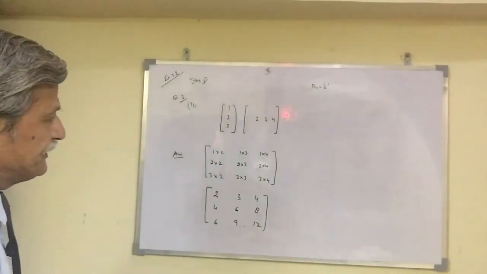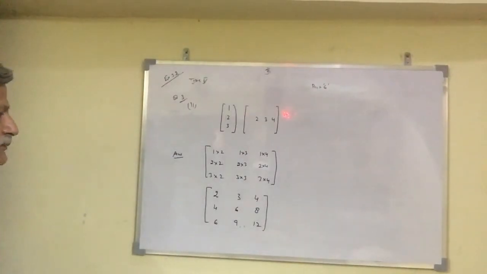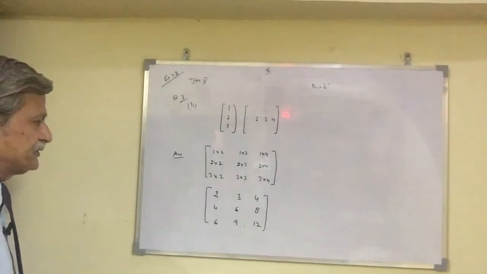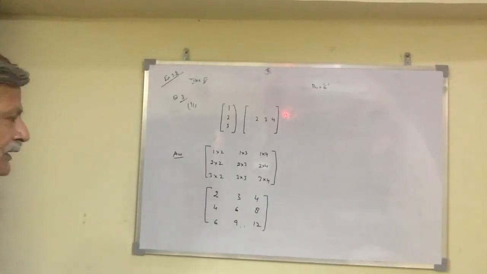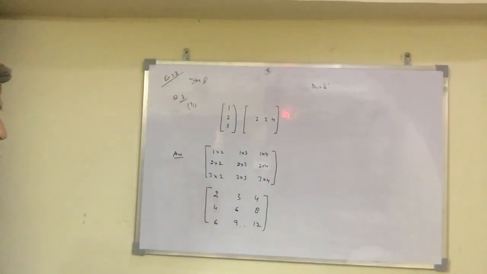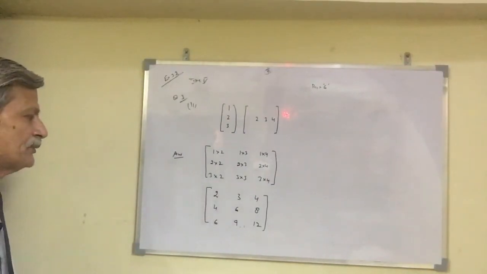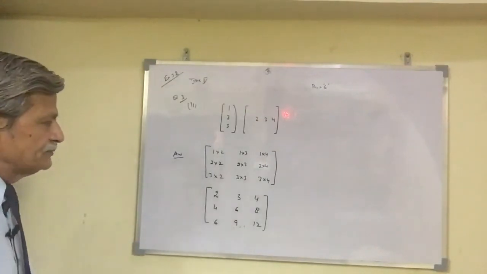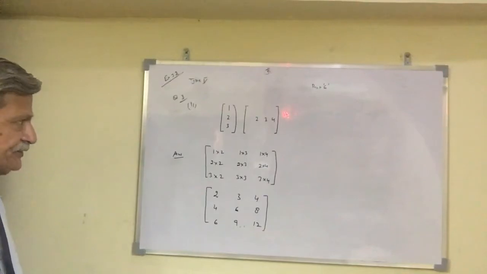You can easily multiply it and find the answer. You can do such questions very carefully, otherwise you would find mistakes somewhere. So do the other questions at your home so that you get good answers in the other questions.